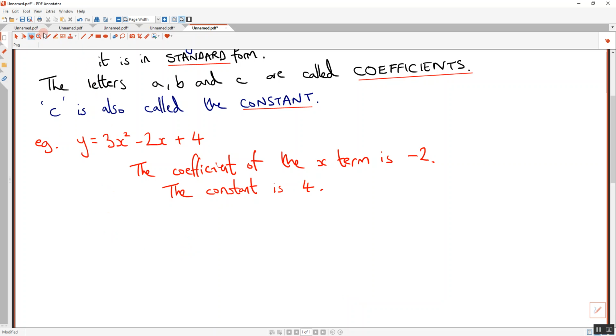Okay, take another heading, a new title. And the shapes of quadratics, which is what you looked at on Friday.